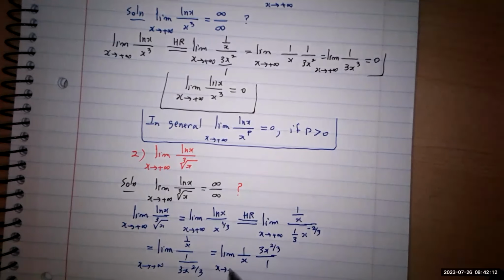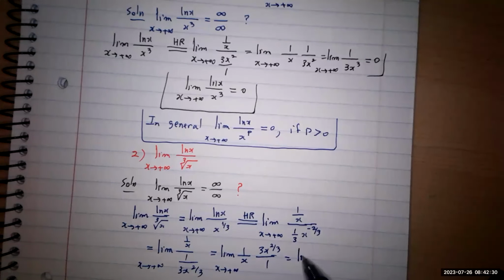X goes to positive infinity, you see? Then you just divide. You see, 3 is a number, but this is x to the 2/3 over x. So 2/3 out of 1, the result would be 1/3.